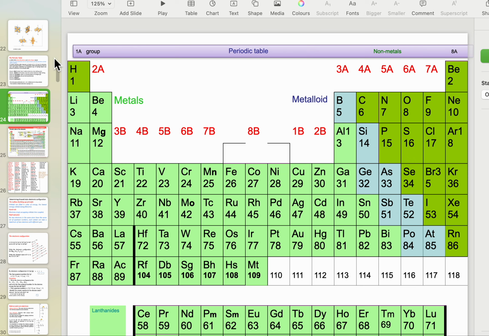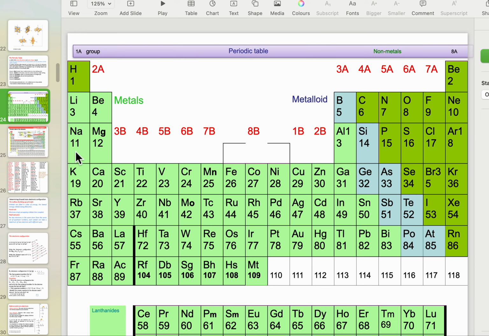When we come to hydrogen, hydrogen is a gas, and here are the gases as well, these two groups here.